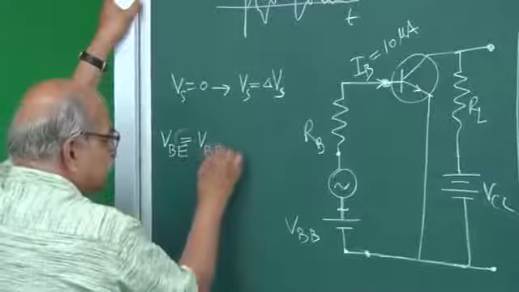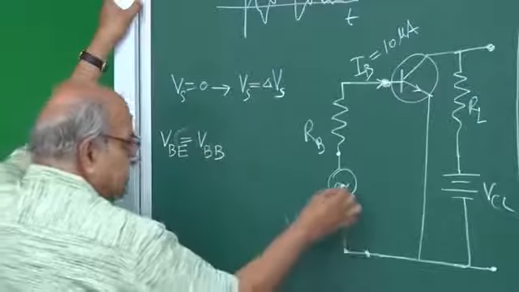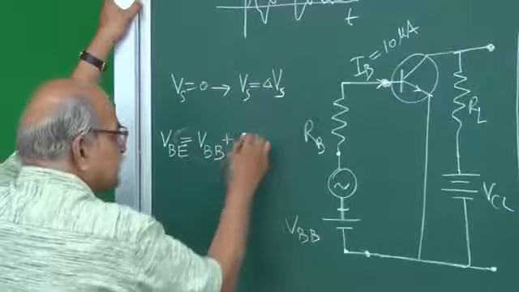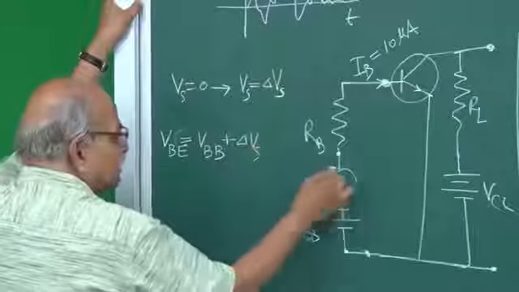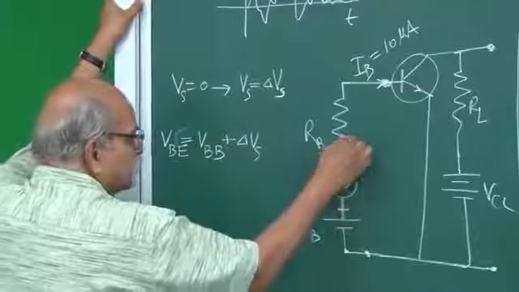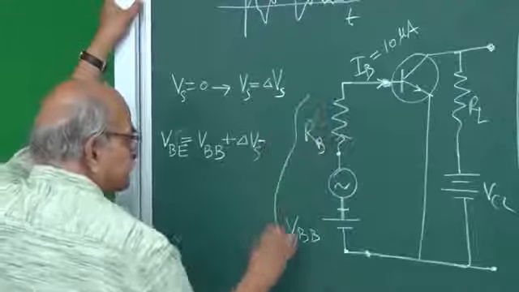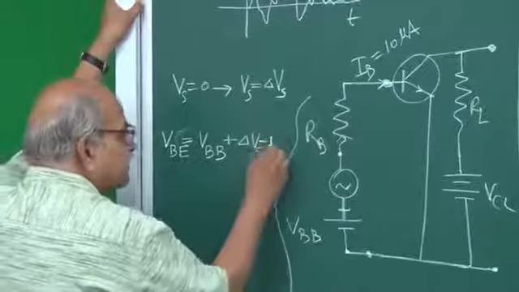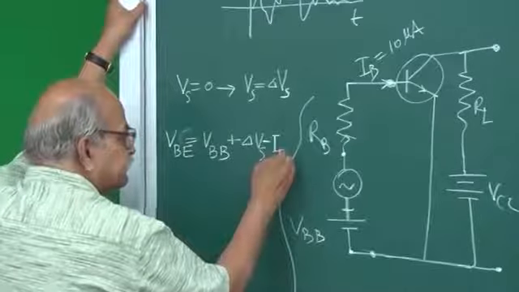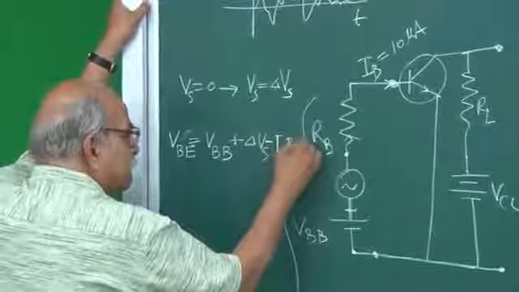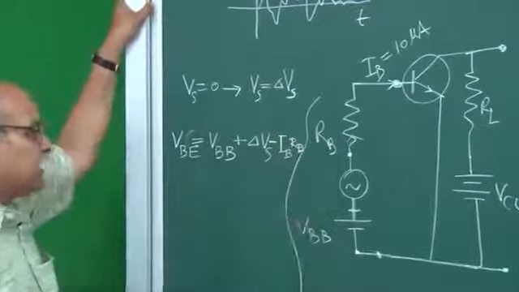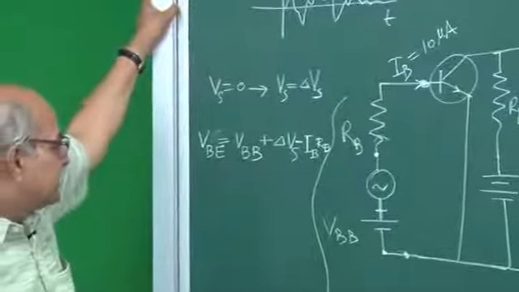So it is VBB, plus Vs, which is delta Vs here, and then the current flows this way, so the voltage is dropping. So it is minus IB into RB.